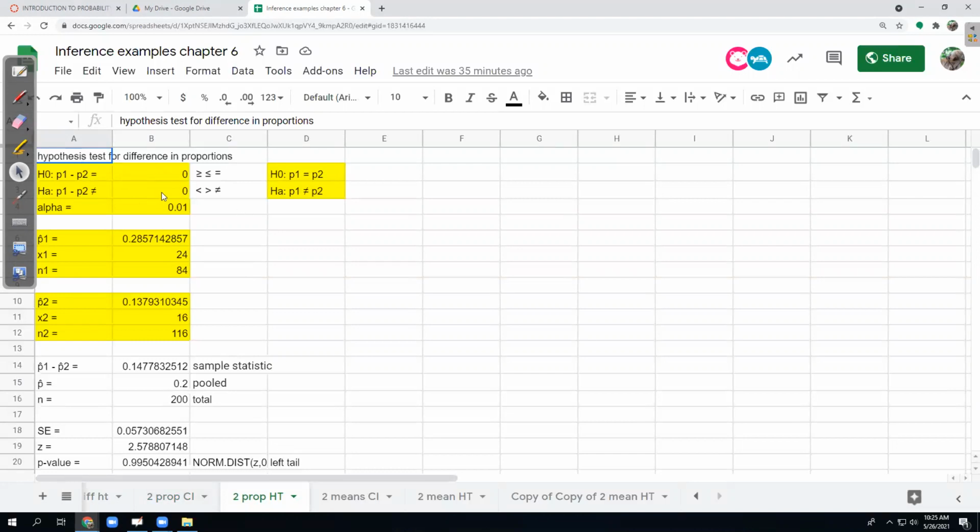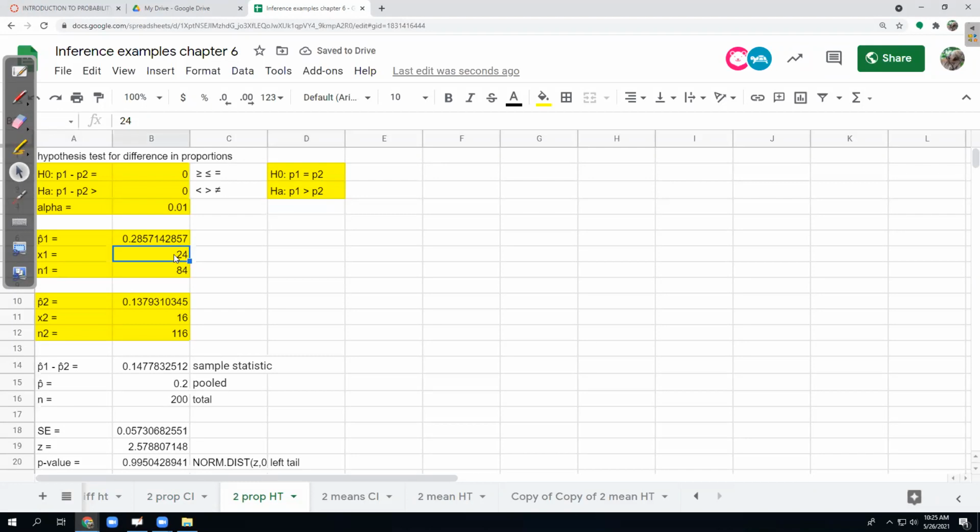So I have those here. Here I started with a no difference there, but I'm going to change that right now. And this part doesn't change anything in the calculations. It's just a note to me about what I'm doing. So I'm doing that it's greater than 0, or that my p1 is greater than p2.